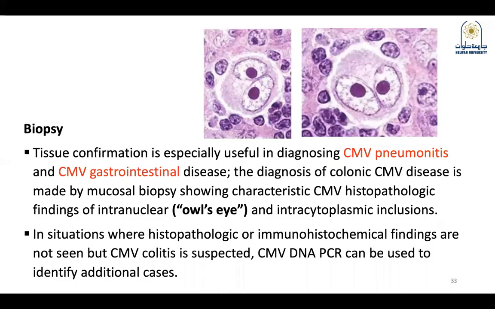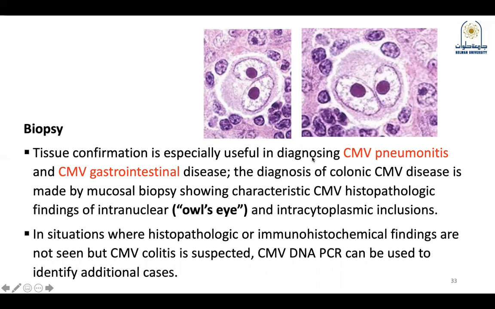Also, the biopsy has a pathognomonic feature of the cytomegalovirus. As we see, this is the owl eye appearance when we take a tissue biopsy. We found this sign indicating cytomegalovirus inclusion, intracellular or intracytoplasmic inclusion bodies, which are a feature of cytomegalovirus infection.